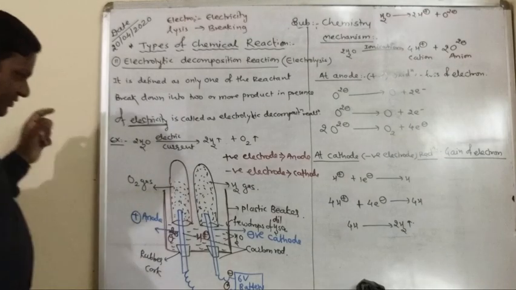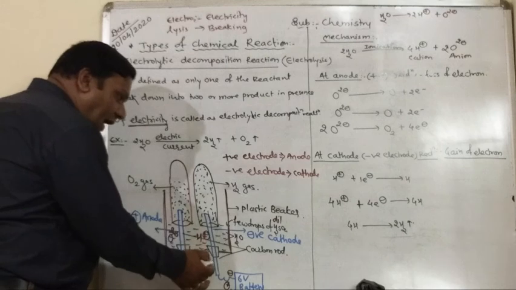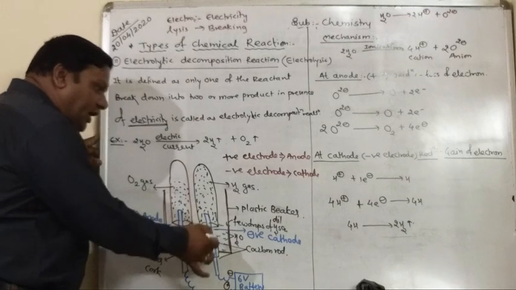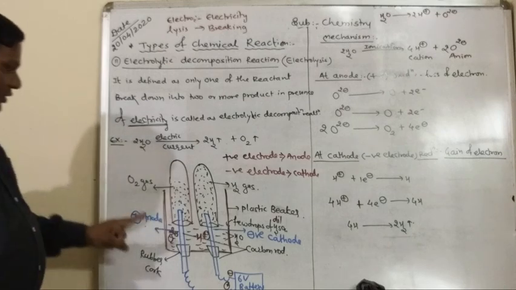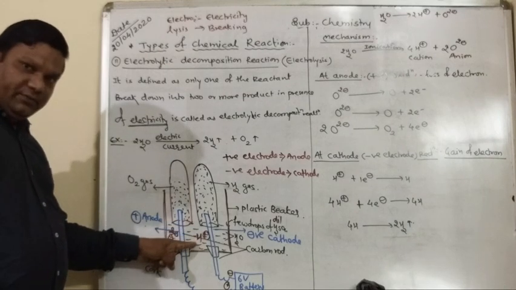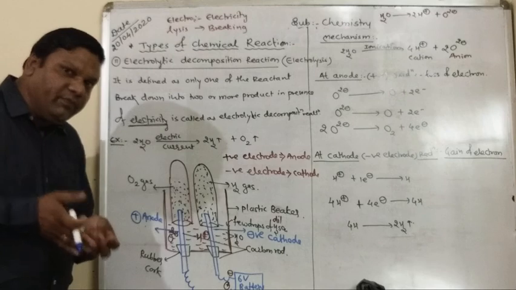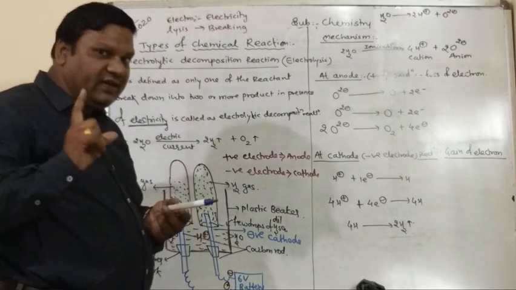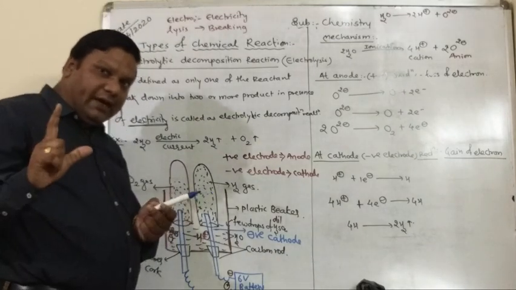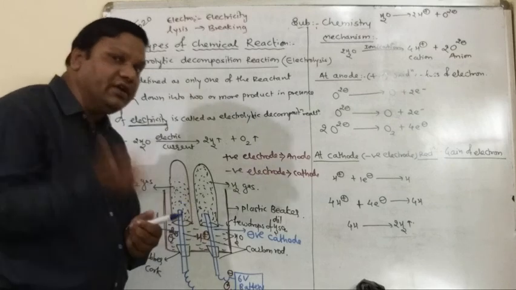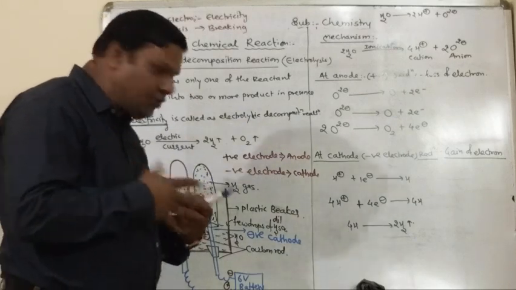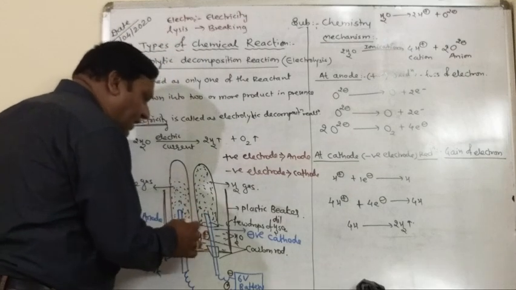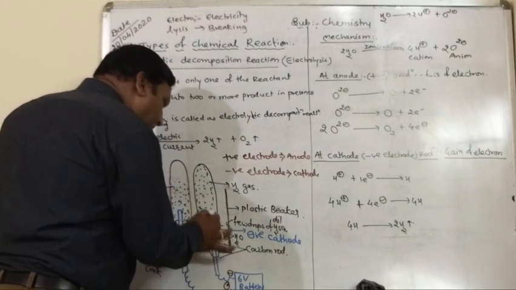Now the anode carries positive charge and the cathode carries negative charge. Therefore, these positive ions are attracted towards the negative electrode. Listen carefully. Positive ions are attracted towards the negative electrode due to the force of attraction between opposite charges. So all H plus ions are deposited on the cathode, and O2 minus, because oxygen is negative, will be deposited on the positive electrode. Is it clear? Due to the oppositely charged force of attraction.